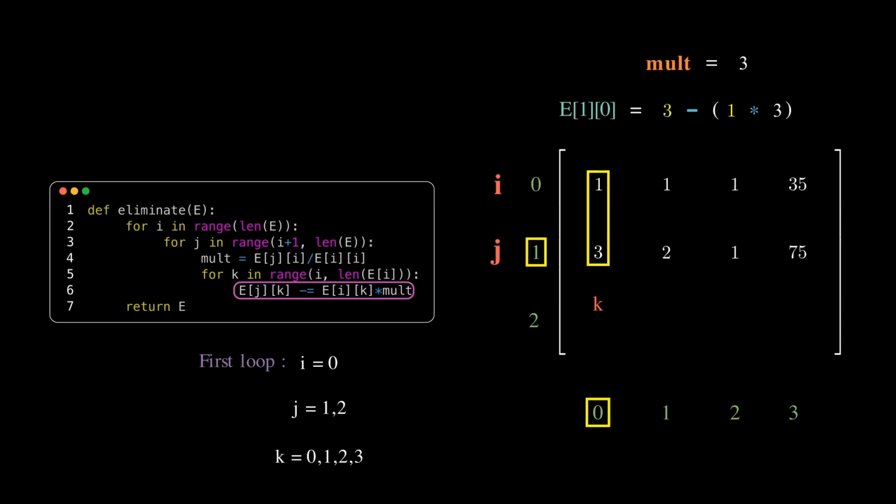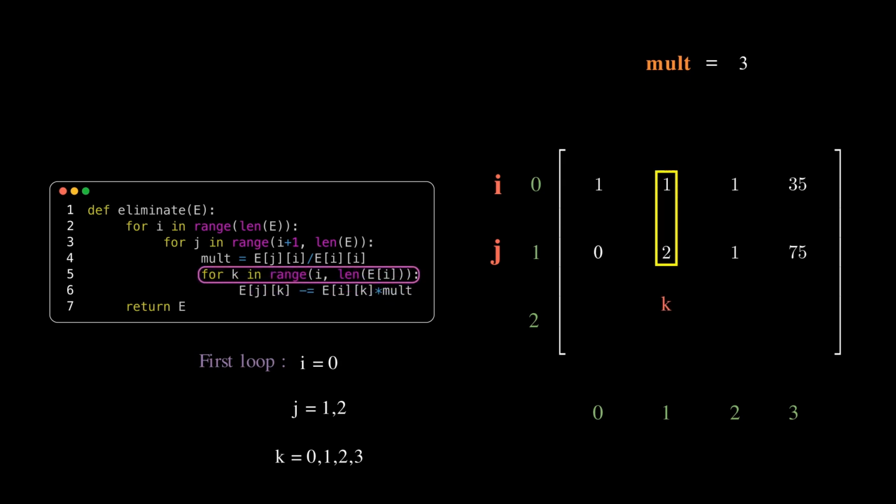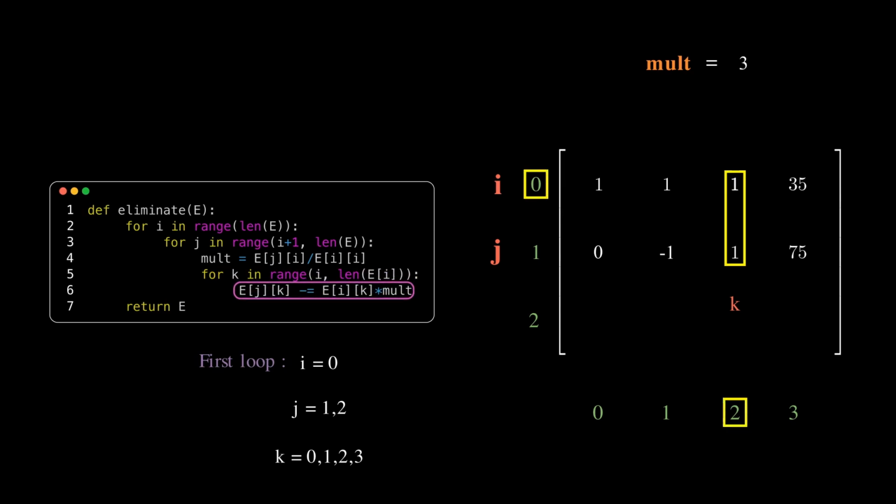On solving, the first element from the second row gets eliminated. Then k will become 1. We'll multiply e01 with the multiplier constant, subtract it from e11, and we'll update the second row again. This process of multiplication and subtraction will continue for every element of the second row.